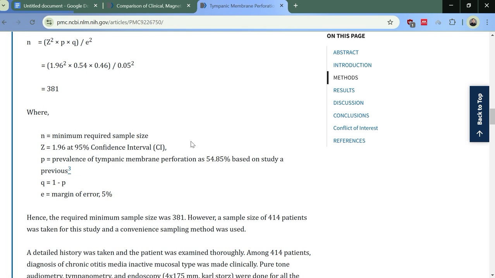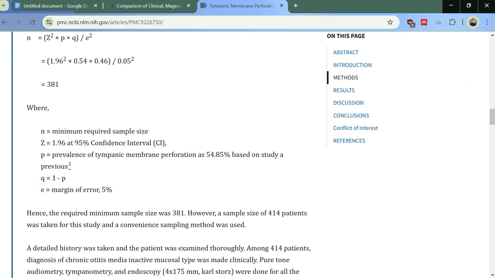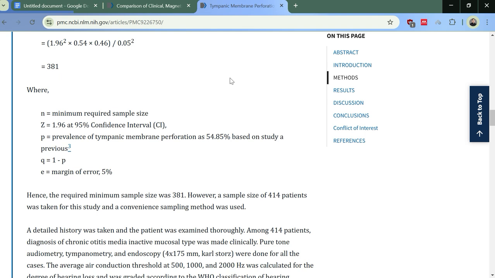Then what you can do is take a 90% confidence interval, which decreases your sample size, or you can increase the margin of error up to 10 or 20%. This way also you can decrease your sample size. So you can calculate the sample size of your cross-sectional study this way.